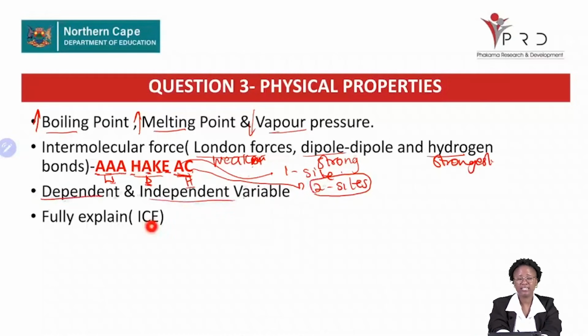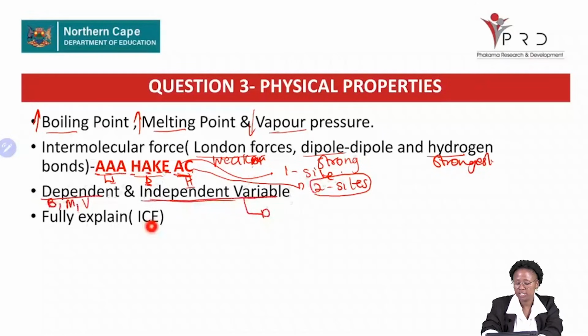Now, under dependent variable, we know that we are talking about what we are investigating. The dependent variable will always be either the boiling point, the melting point, or the vapor pressure, because the boiling point, the melting point, and the vapor pressure, they depend on something in order for them to either increase, decrease, or remain the same. Now, what do they depend on? Those are the independent variables.